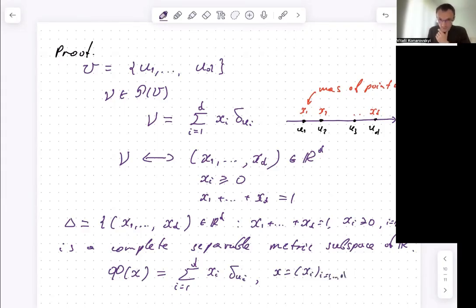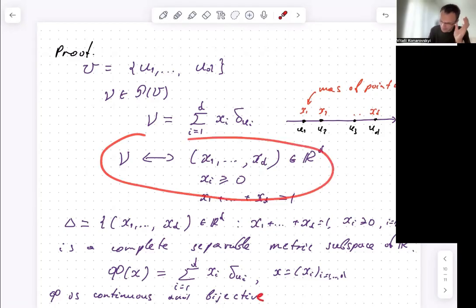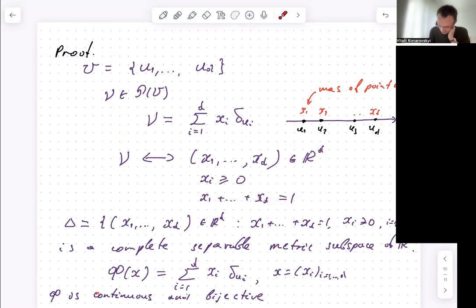I want to note that this map phi is continuous and bijective. The bijection follows from the discussion we had about this identification, and the continuity easily follows from the exercise which we formulated.